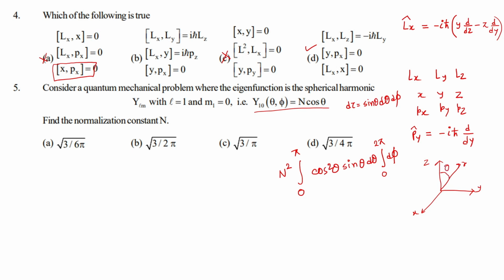Whatever angle it makes with z is theta. It can grow from 0 to pi, and the projection of r in xy is r sine theta.